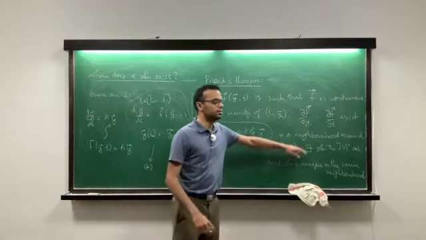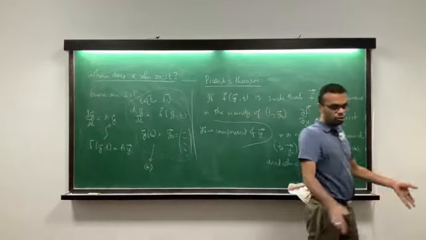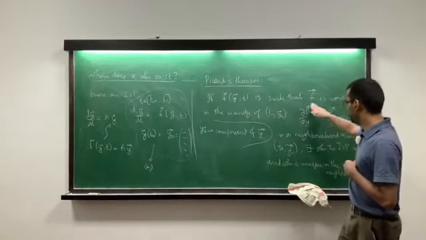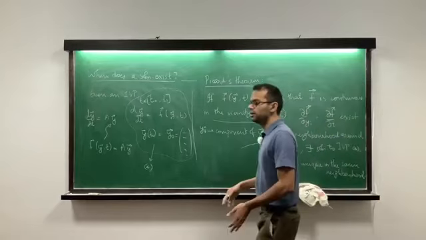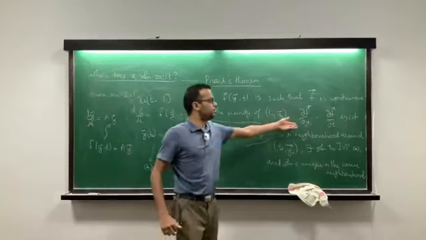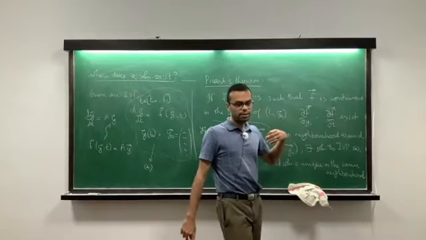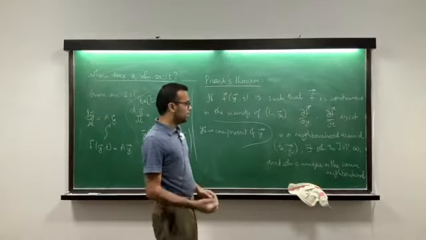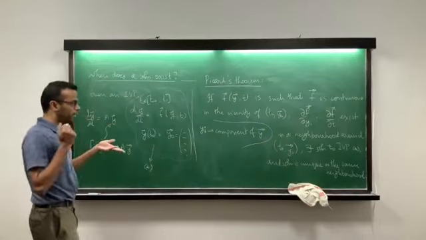Okay, same neighborhood as this. So wherever in that little zone, wherever these derivatives exist and f is continuous, in that zone there is a solution, and the solution is unique. The moment this gets violated or this gets violated, then you are in trouble. So this is what Picard's theorem basically says.